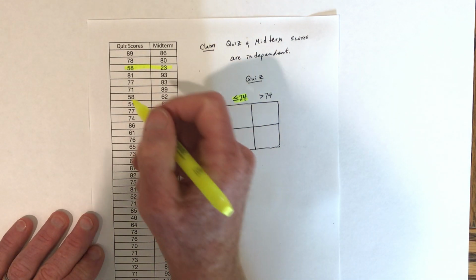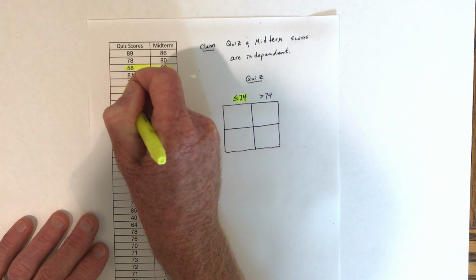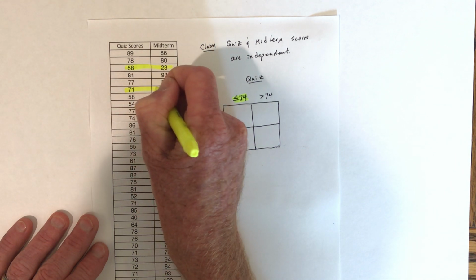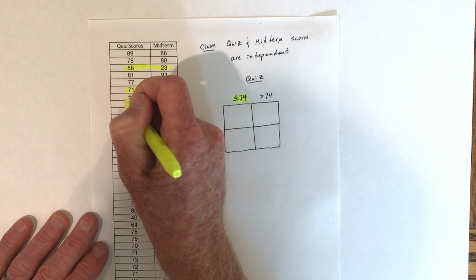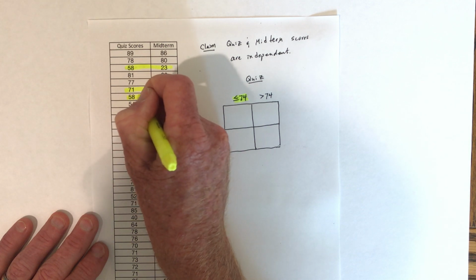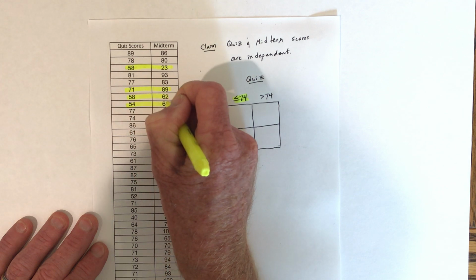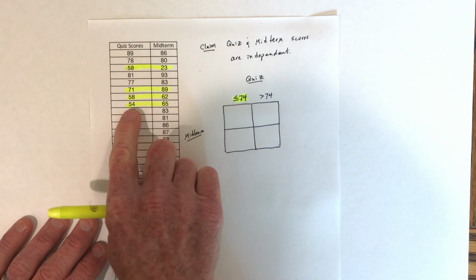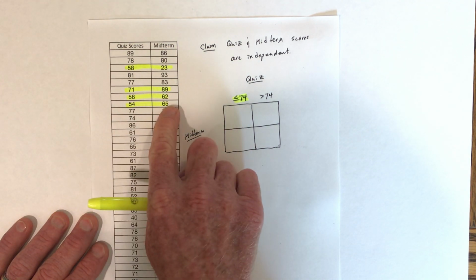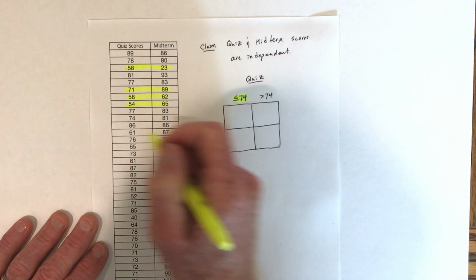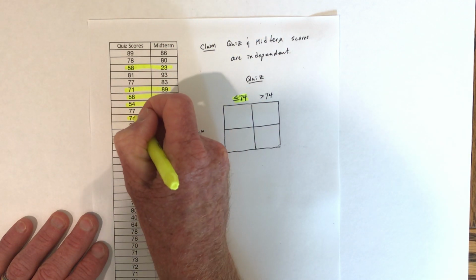All right, now just continue that all the way down. Anybody that got less than or equal to 74. I'm not even looking at these scores when I highlight. I'm just concentrating on these, but then I'm highlighting all the way across.